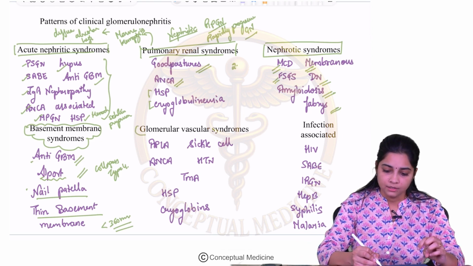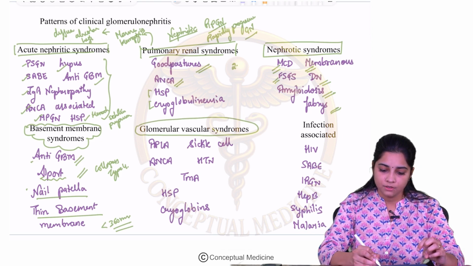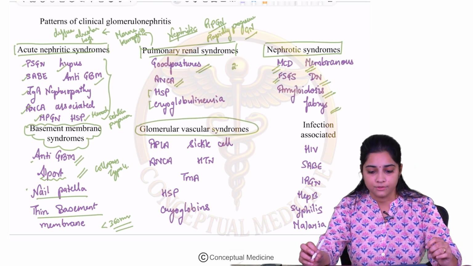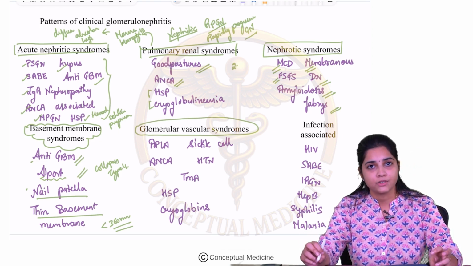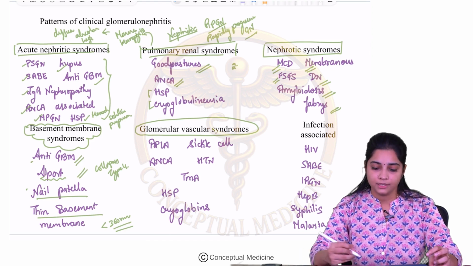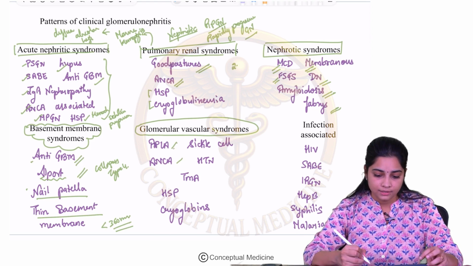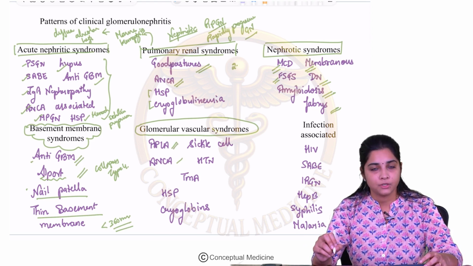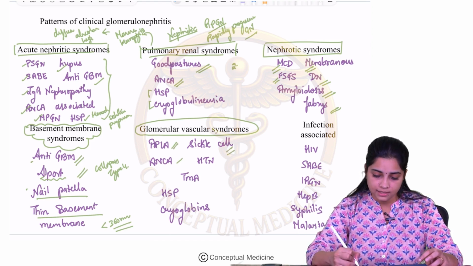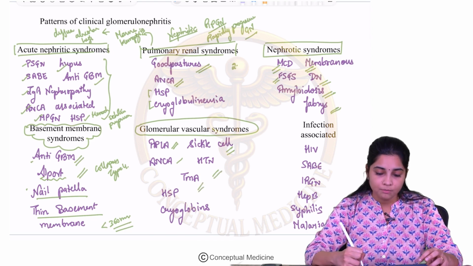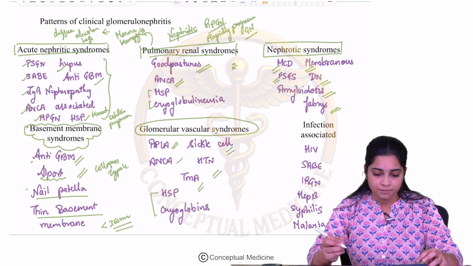Then the fifth syndrome is your glomerular vascular syndrome, where you have vascular involvement as well, predominantly different types of vasculitis, which is your ANCA-associated vasculitis, then APLA, antiphospholipid antibody syndromes, sickle cell anemia, hypertension, thrombotic microangiopathy, again HSP and cryoglobulinemia.